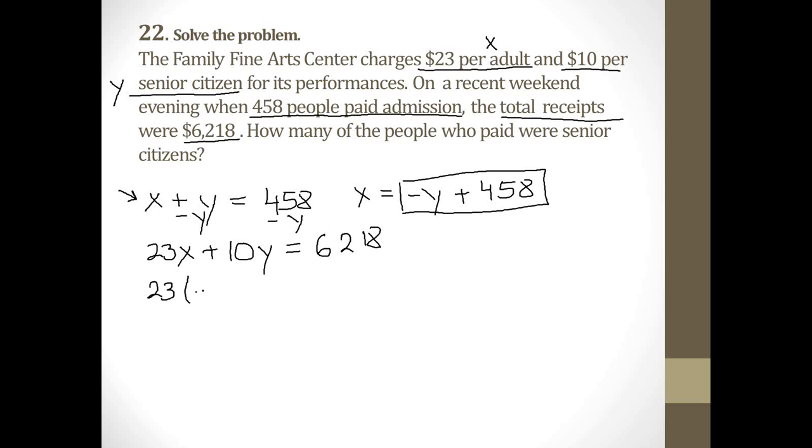23 times negative Y plus 458. Continue with your equation, plus 10Y is equal to 6,218. Okay, using distributive property to get rid of the parentheses, I am getting negative 23Y, and then 23 times 458.